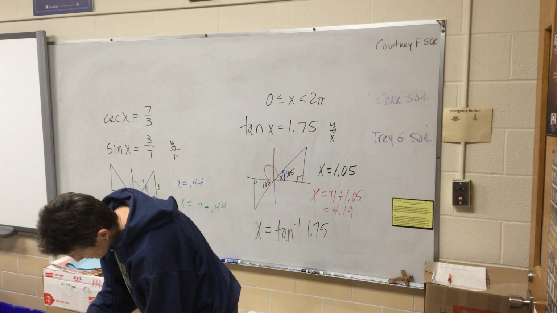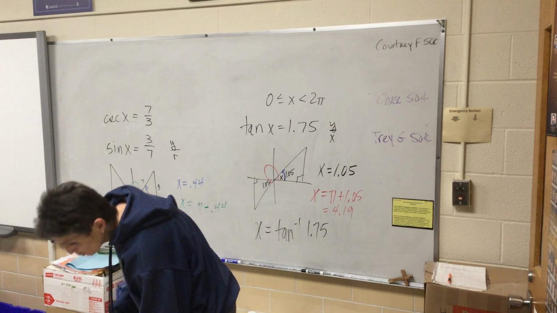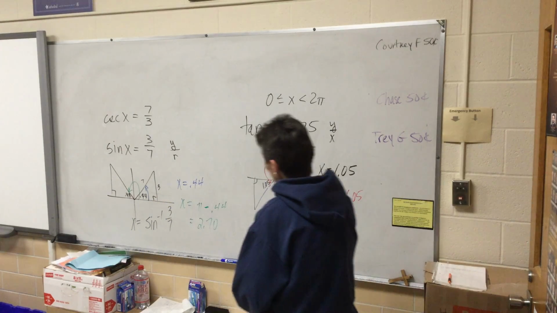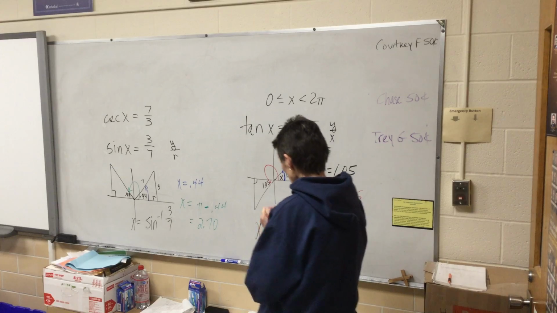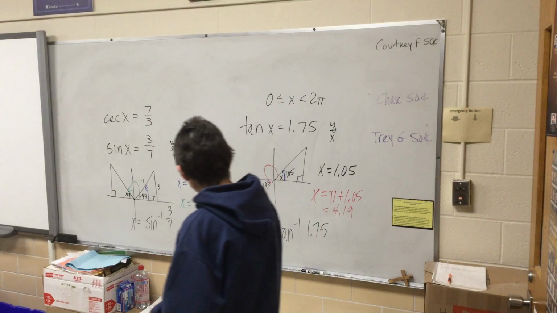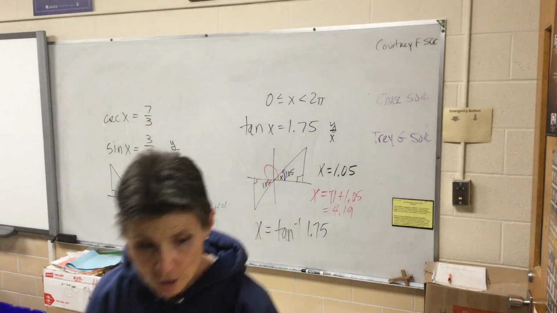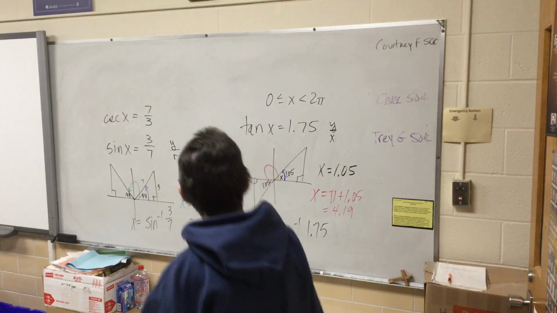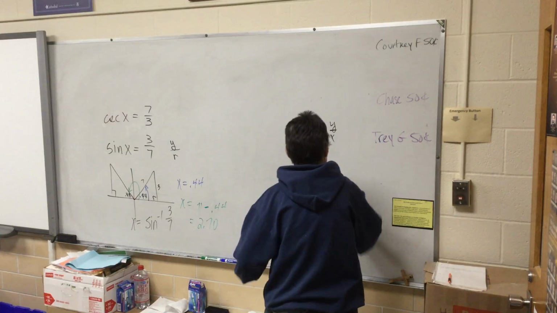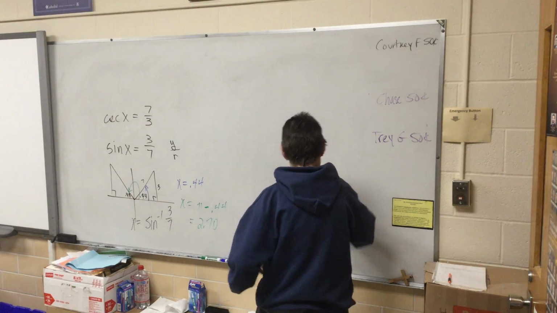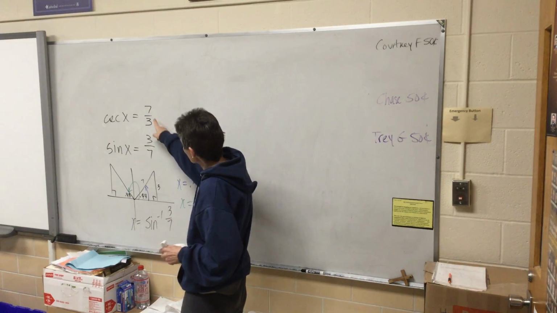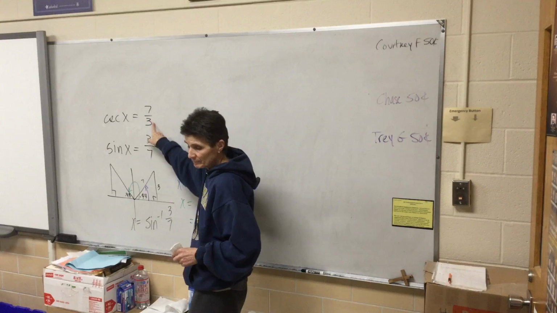So that would be 2.70. So the two answers to the problem are 0.44, that's your quadrant 1 answer, and then pi minus 0.44, 2.70. Does everybody understand where I made this switch right in the beginning?